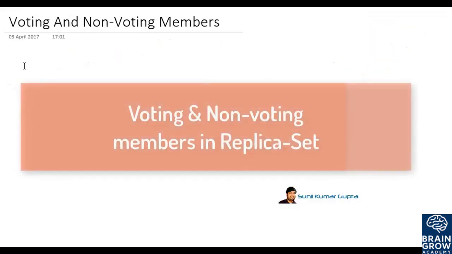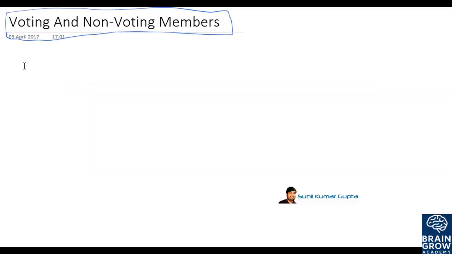Hello and welcome back. This is Sunil, and in this lecture we are going to discuss voting and non-voting members. We'll discuss the members who can vote in the election and the members who cannot vote in the election.